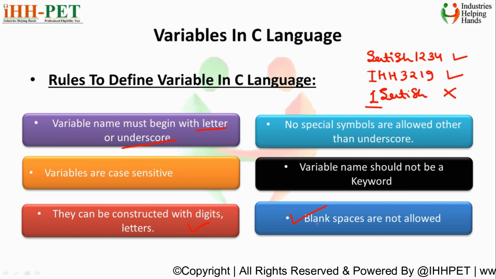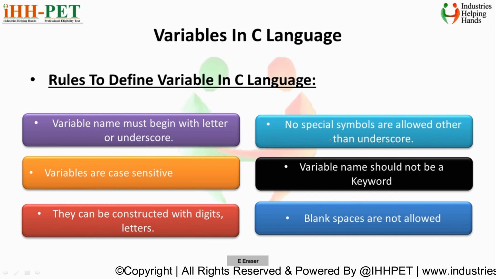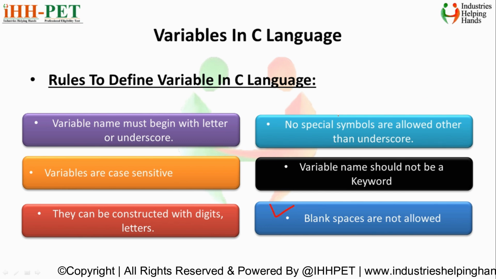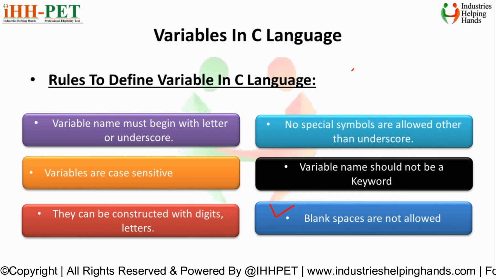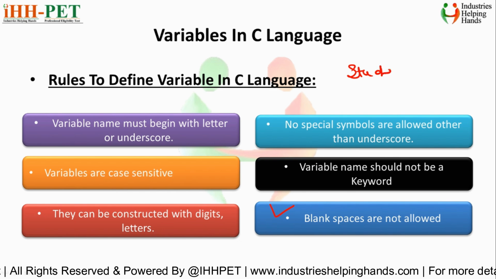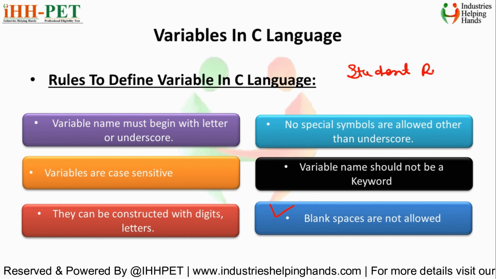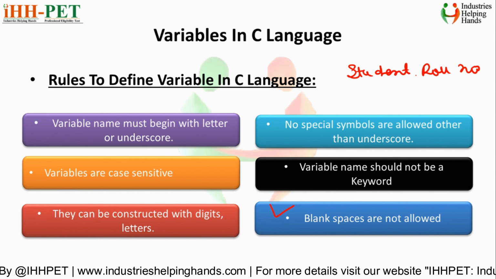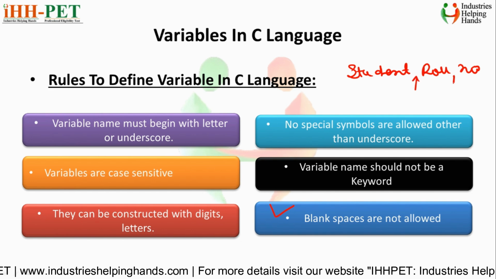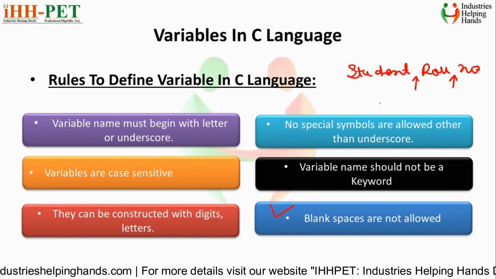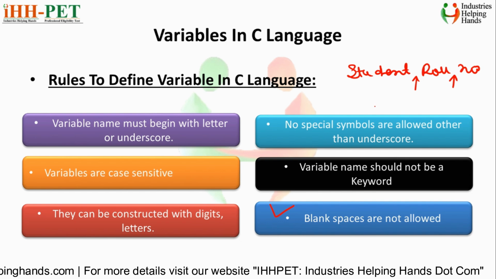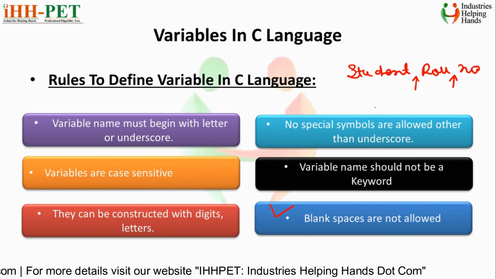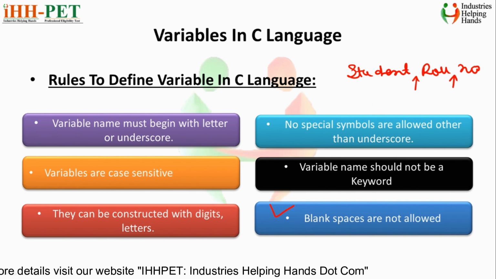Blank spaces are not allowed. That means if I write here student roll number, you can see there are blank spaces. So in the time of creation of a variable, or in defining a variable name, you cannot write this.